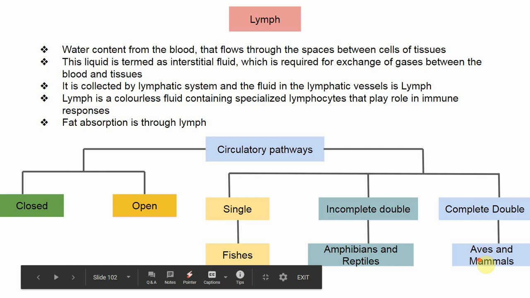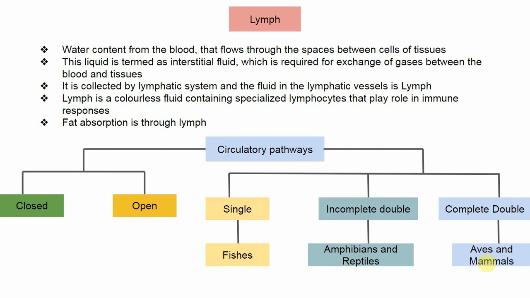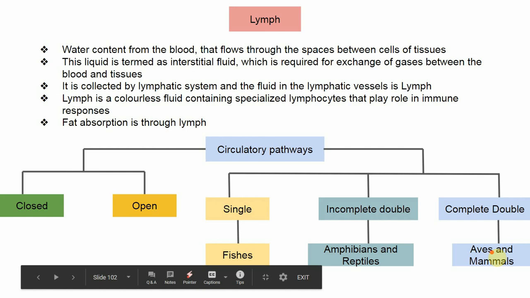Right auricle receives the deoxygenated blood, and the left auricle receives the oxygenated blood, and the deoxygenated blood from the right auricle goes into the right ventricle, and from the right ventricle this blood is pumped to the lungs for oxygenation, and this oxygenated blood returns back into the left auricle, and from the left auricle enters into the left ventricle, and from the left ventricle through the aorta it is pumped into the different body tissues to supply the oxygen. As you can see, there is nowhere mixing of blood. Hence, this kind of circulatory pathway is called the complete double circulation.